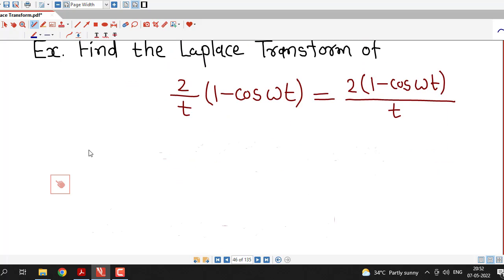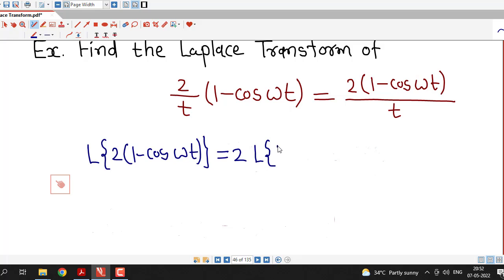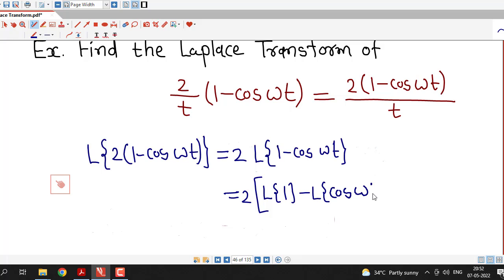So first we write down Laplace transform of 2 times 1 minus cos omega t, and this is by linearity property, 2 times Laplace transform of 1 minus cos omega t, and again by linearity property, this is Laplace transform of 1 minus Laplace transform of cos omega t.